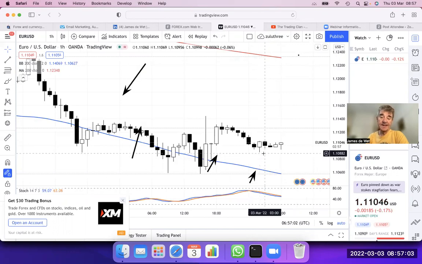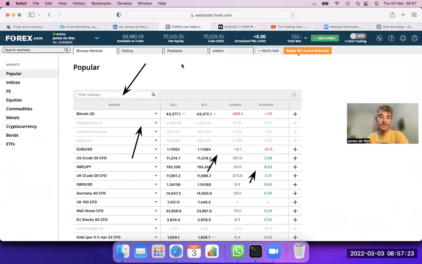All right. So I'm going to have a look at the low of this candle, which is where my cursor is, 1.109. So I'm going to make it 1.1085, I think, somewhere around there. 1.1085. So let's go back to the trading station.